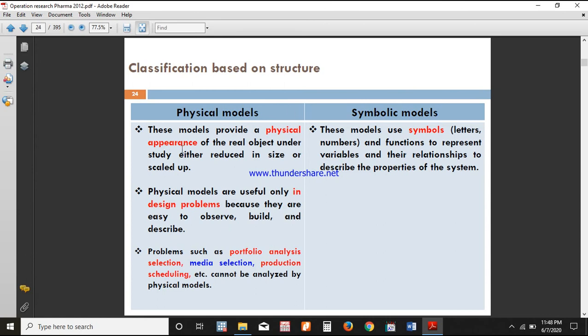Therefore, as you can see from this PowerPoint display, a physical model is related with the physical appearance of the real object, whereas a symbolic model represents the real situation by letters.